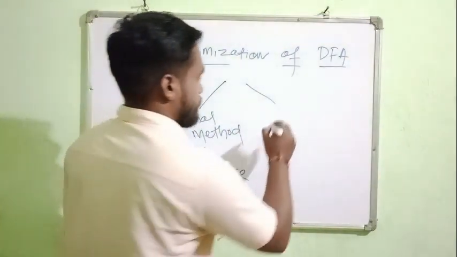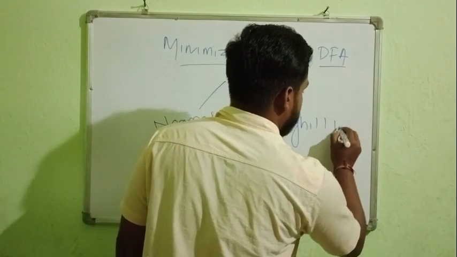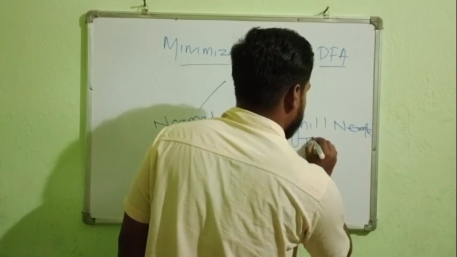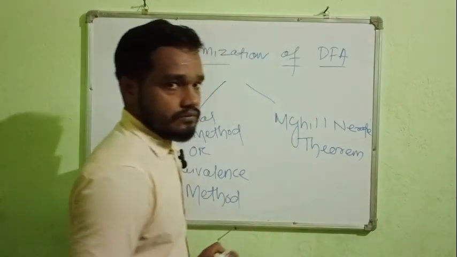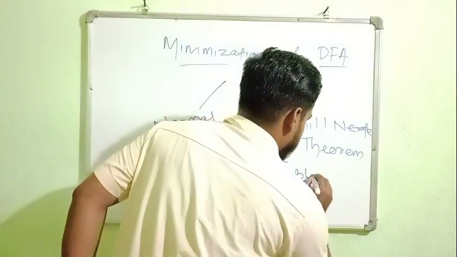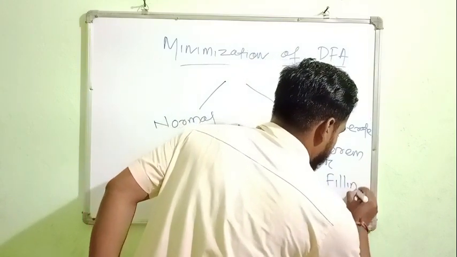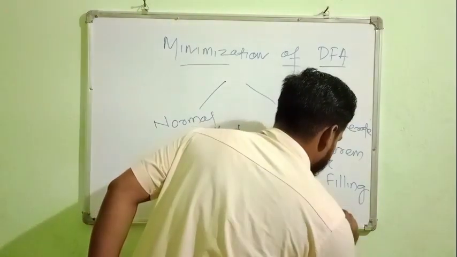Second one is the Myhill-Nerode theorem or table filling theorem.